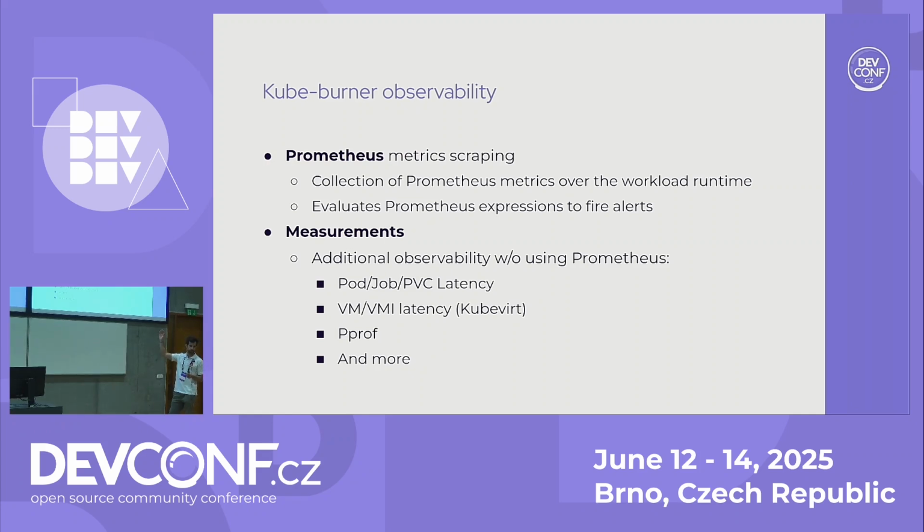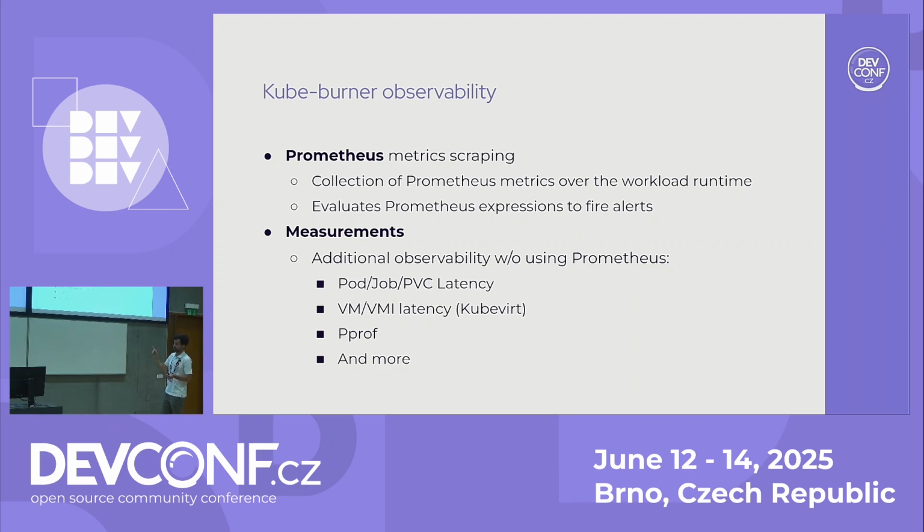At the end of the execution of the workload, kube-burner will iterate over those Prometheus expressions, scrape the metrics returned from those expressions, store them internally, and finally index them in an external system like OpenSearch or JSON files. It's also able to evaluate the Prometheus expressions to fire alerts. This is an alerting framework.